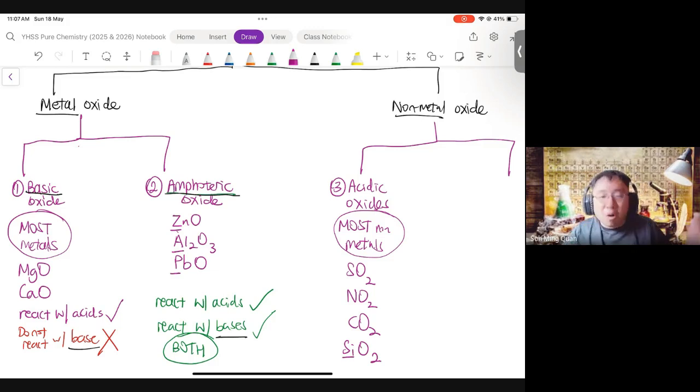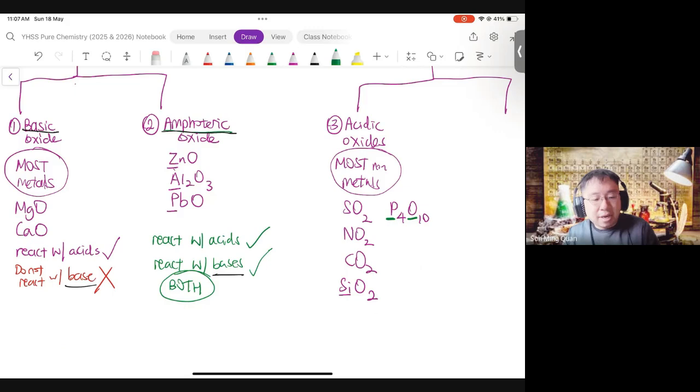Now, there are more, of course, there are more, right? I mean, I could name some more. P4O10, wow, complicated, but it's an oxide with phosphorus, right? Phosphorus is a non-metal, so also acidic. Okay, so all these are acidic oxides. Acidic oxides mean they react with base, but they do not react with acid.